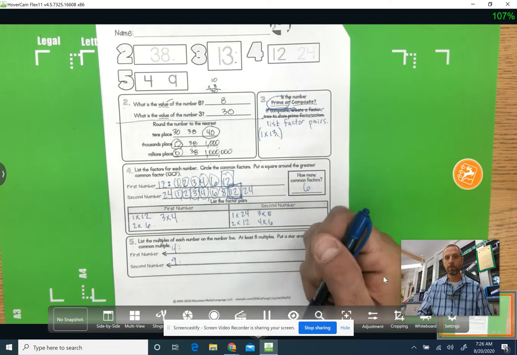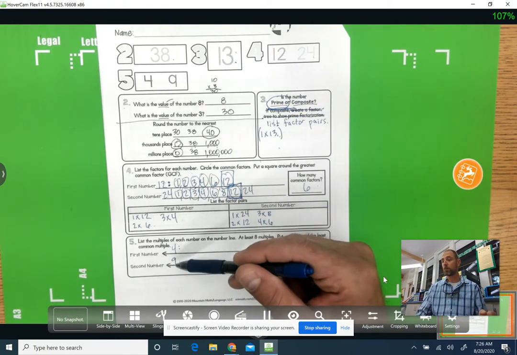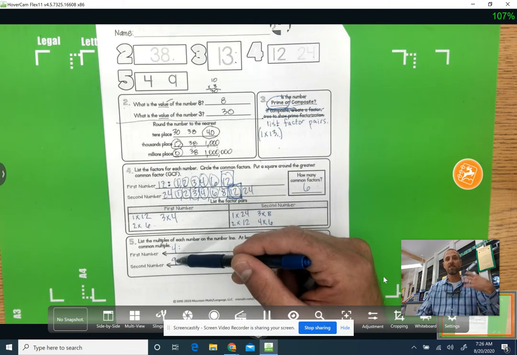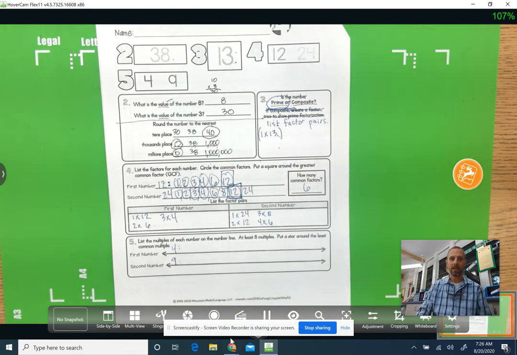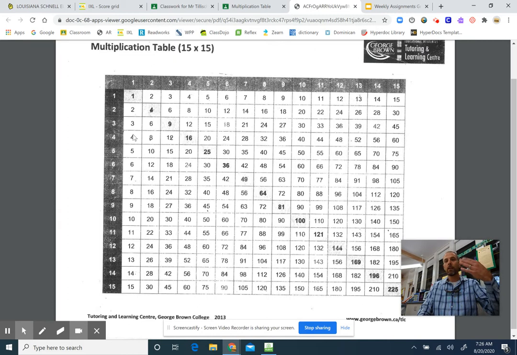So the multiples of 4 would be skip counting by 4s. The multiples of 9 would be the same thing as skip counting by 9, as if I was looking at a multiplication table and I'm looking at 4 and I want to skip count by 4s. I'd go 4, 8, 12, 16, 20, 24, 28.